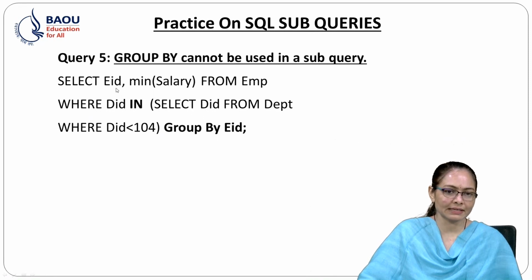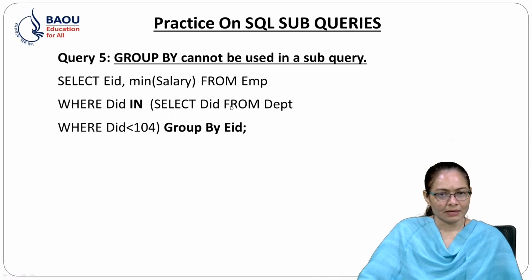Outer query: select EID, min salary from employee, where DID in the bracket, this one is the inner query. From the department table, department ID is less than 104. This condition is matched, then DID is fetched, and this DID is matched with the outer query.